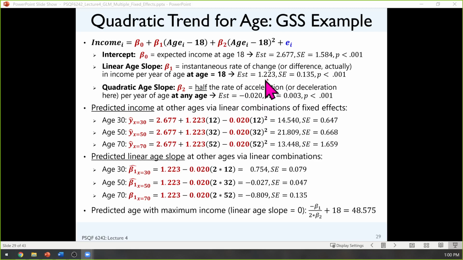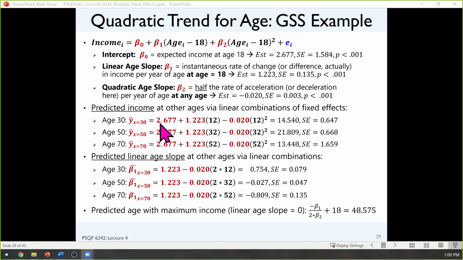So the model tells me via beta 1 what the linear slope is at age 0 specifically, but all of the others are linear combinations. So I can ask for predicted outcome values for any age, and I can ask for predicted linear slopes at any age as well.